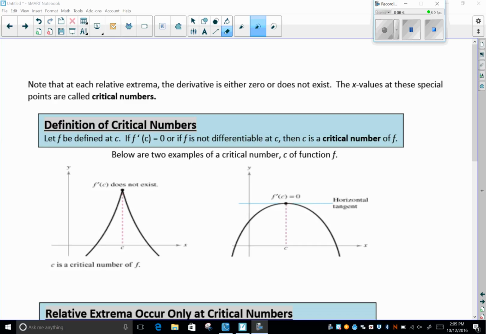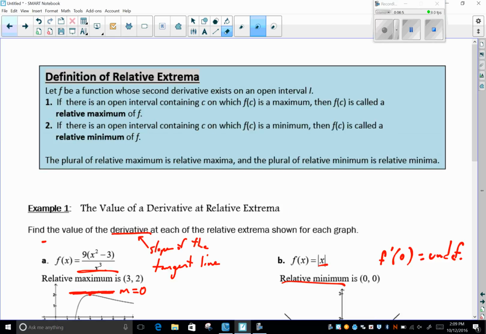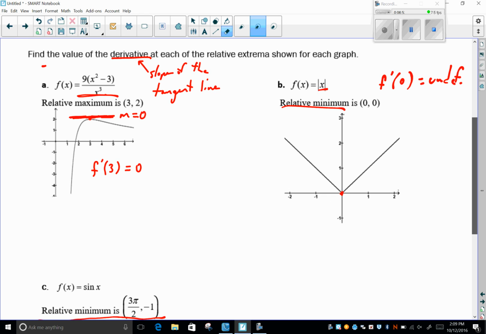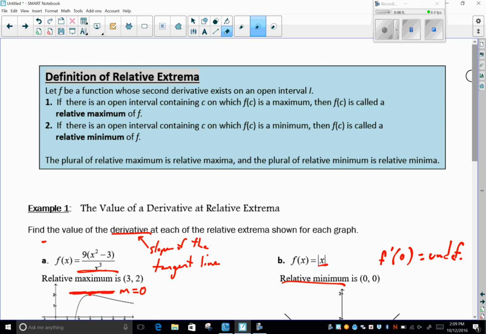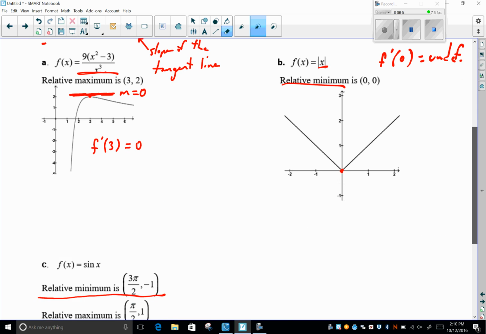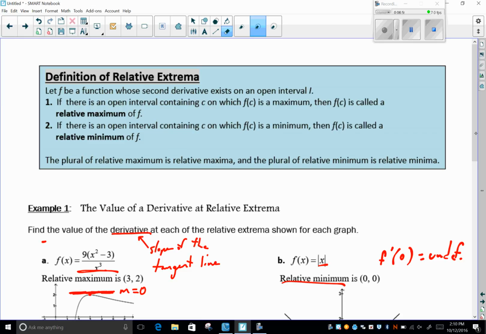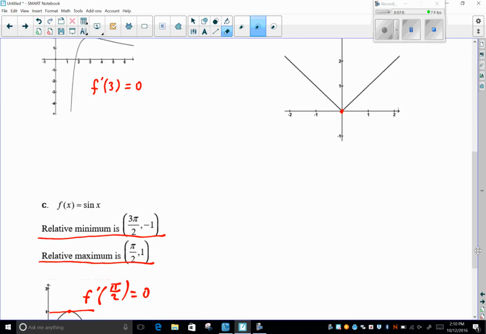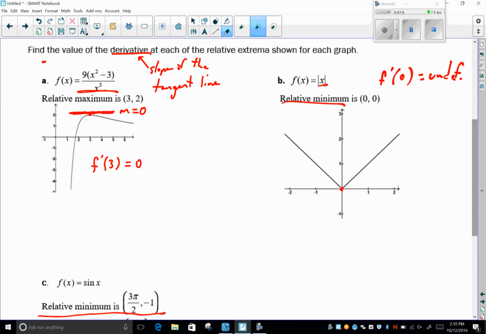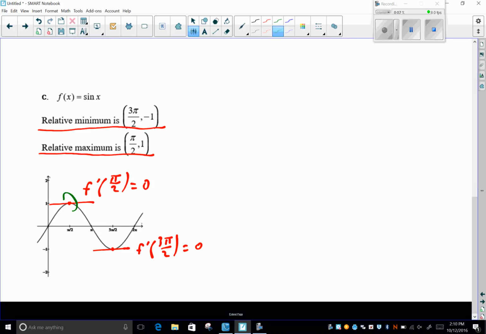So these values that we were looking at on this previous page, where we had this maximum here, this maximum here, this minimum here, and these two relative extrema here, we notice that the derivative is either 0 or undefined.